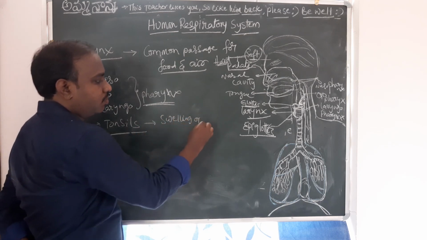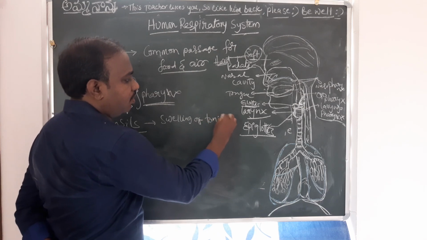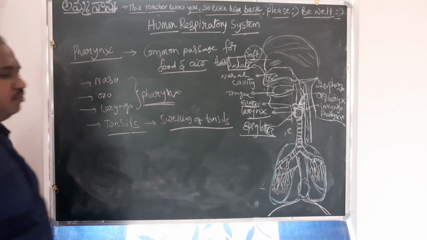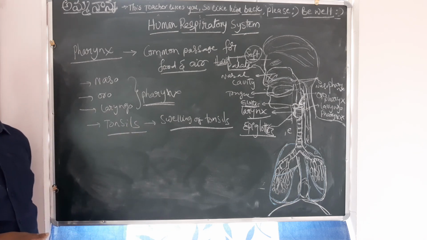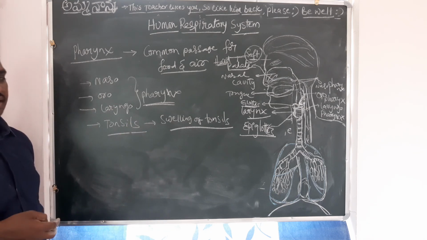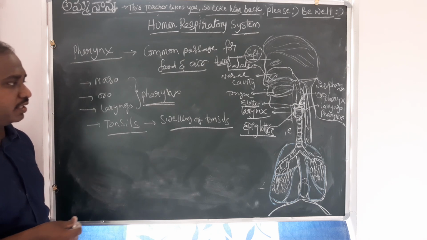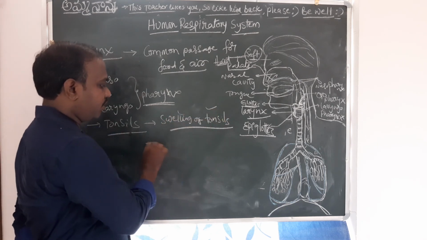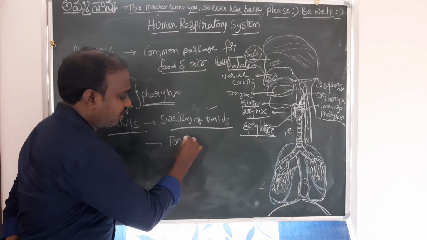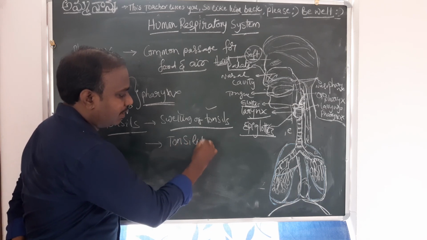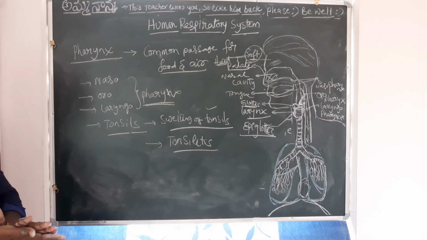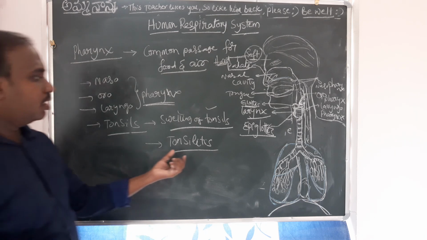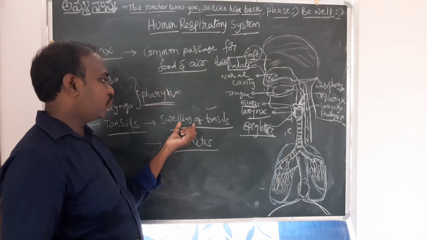We have different kinds of tonsils; we will see when we discuss the digestive system what kinds of tonsils there are. If there is a swelling of tonsils, we call this condition tonsillitis. Tonsillitis is the condition where there is a swelling of tonsils.